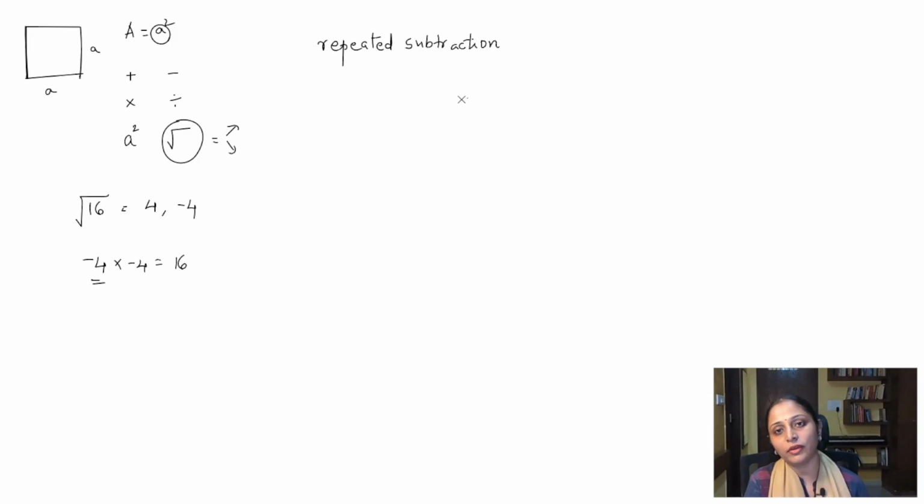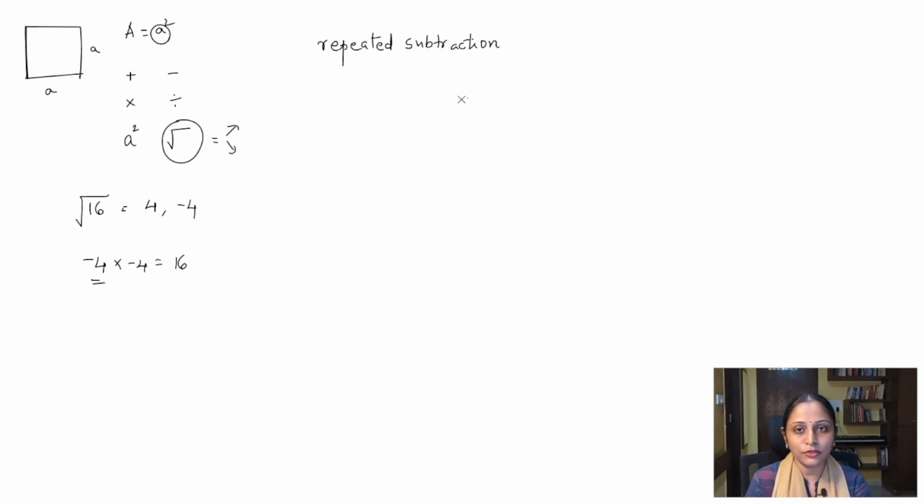From that, we realized that if I consecutively subtract the odd numbers starting from 1 and end up with 0, then the given number is a perfect square, right? Now here, that method can be used to find the square root. Why? Because the number of steps that we follow to arrive at 0 is nothing but the square root, right?